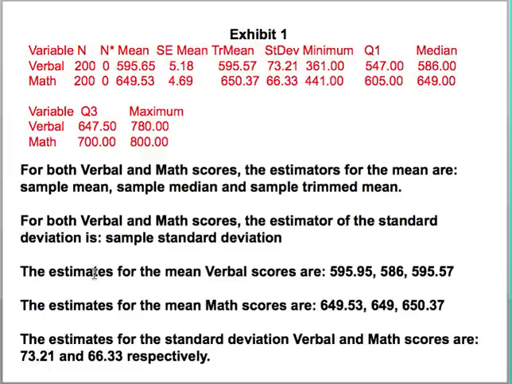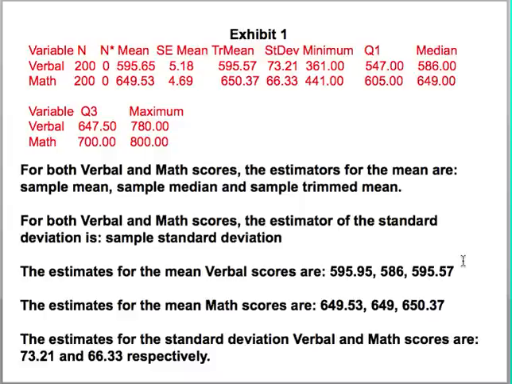Now the estimates for the mean verbal scores would be the actual values. So the mean estimate would be 595.65. The median estimate would be 586. Rather, the mode isn't here.